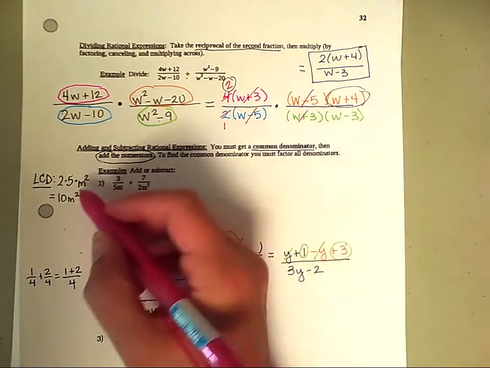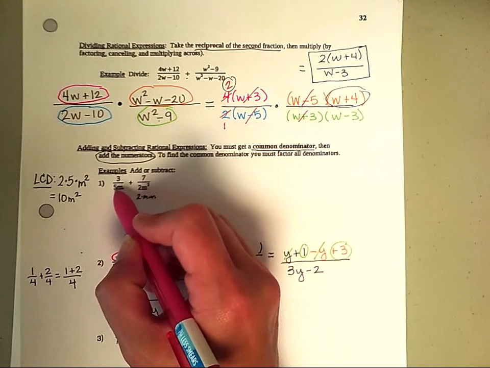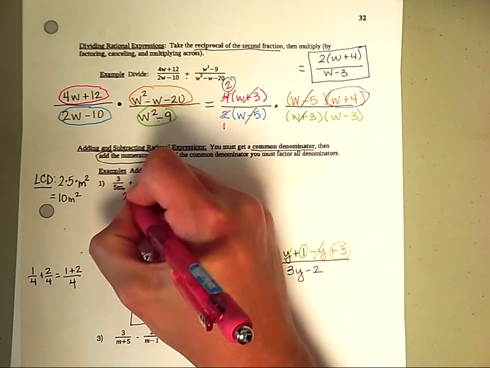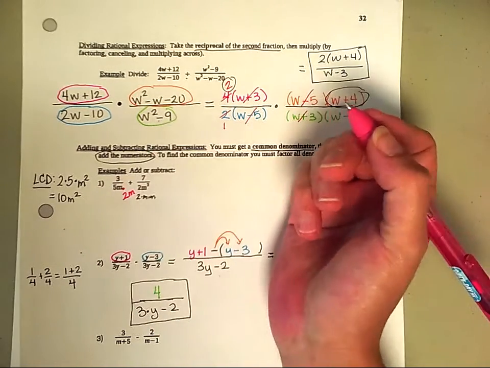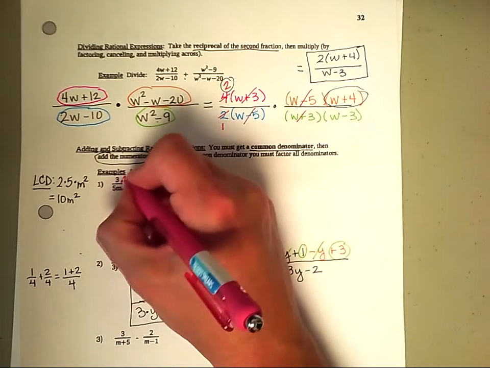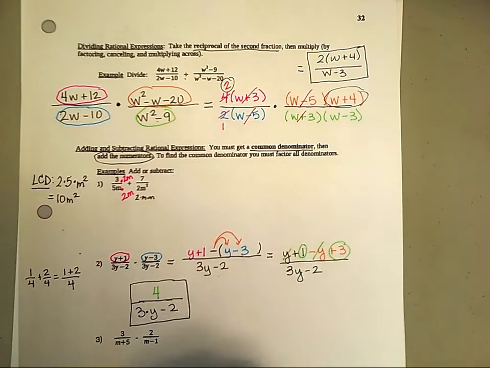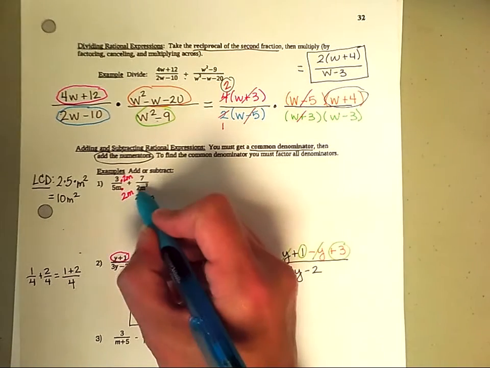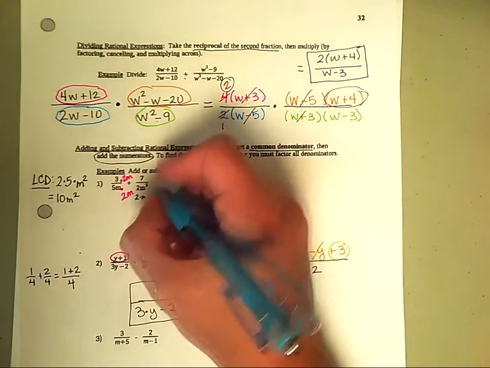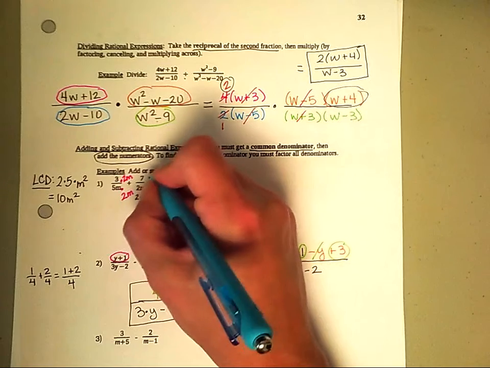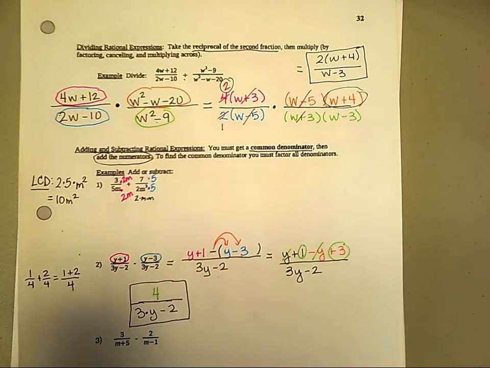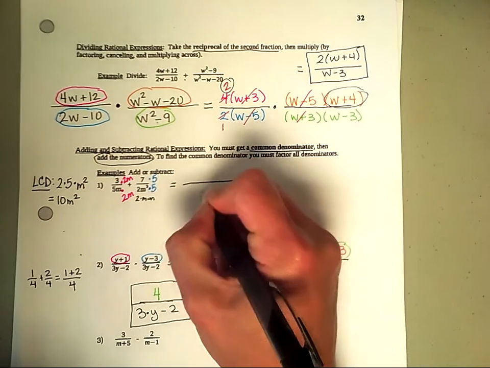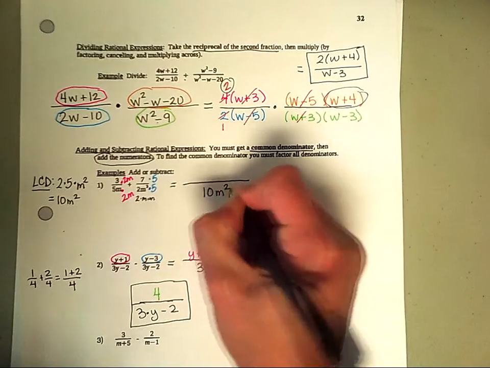Now, just like we do when we're adding fractions, we have to adjust each of these. So to get from 5m to 10m squared, I need to multiply by a 2 and an m. But I have to do that to the top and the bottom. For this one, to get from 2m squared to 10m squared, I have to multiply by 5. So now our denominator is 10m squared.